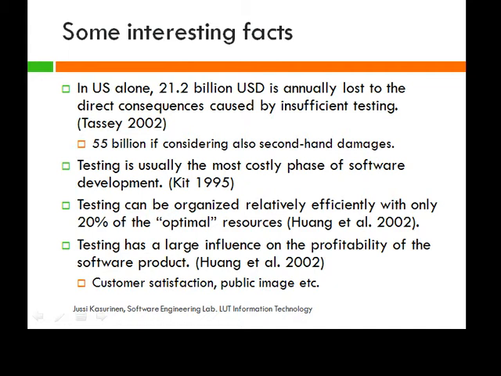In United States alone, at the turn of the 21st century, 21.2 billion US dollars were lost annually to the direct consequences caused by insufficient testing, meaning errors missed by the applied tools, errors missed because there wasn't enough time or money or people to do the testing, or because corners were cut on the project timetables. And this is only the direct costs of the developers.